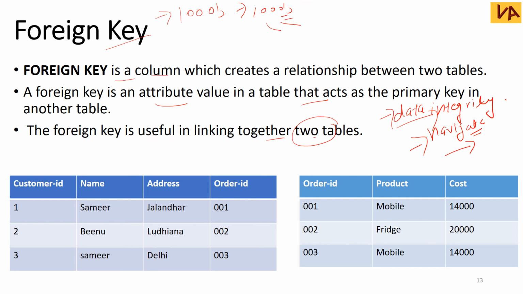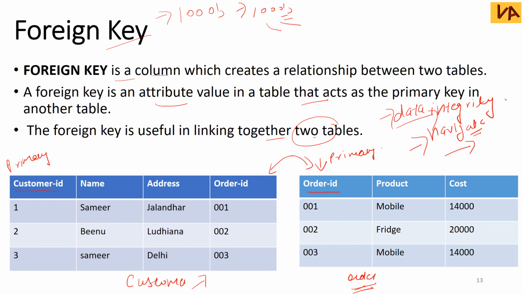For example, we are taking two tables. The first table is named customer and the second table is named order. Now this customer ID is the primary key of the table customer, and this order ID, as I am underlining, is the primary key of the table order. As I already told you, the primary key of the table order will act as a foreign key in the table customer, right?